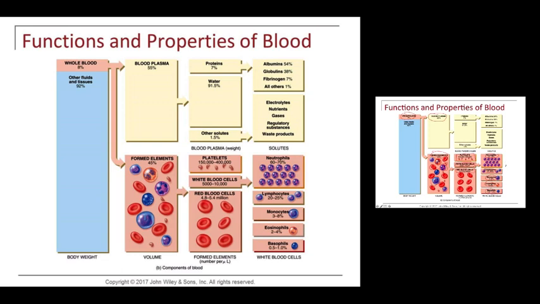If you look at the cytoplasm, you'll see that monocytes and lymphocytes do not have granules in their cytoplasm, so they're called agranulocytes, whereas the neutrophils and eosinophils and basophils, I'll show you in a minute, do have granules in the cytoplasm, so they're called granulocytes.